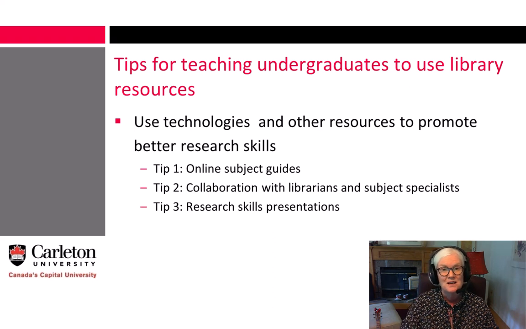Tip 2. Collaborate with the librarian or subject specialist responsible for supporting a relevant discipline. And Tip 3. Promote or deliver research skills presentations and online research skills modules. These strategies can be used to design tutorial activities and presentations and to support the overall achievement of learning outcomes for a particular course.